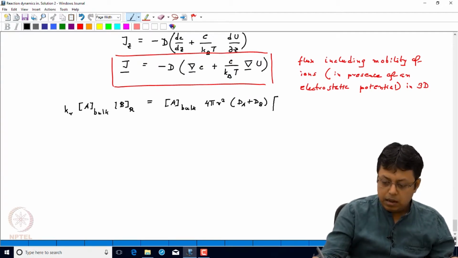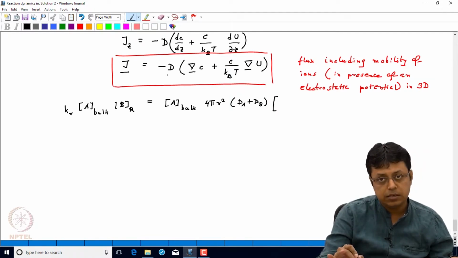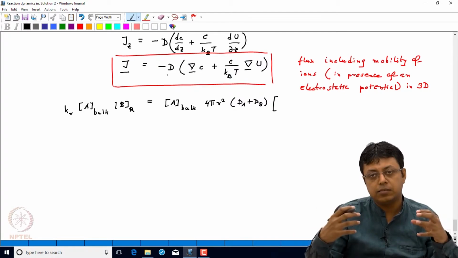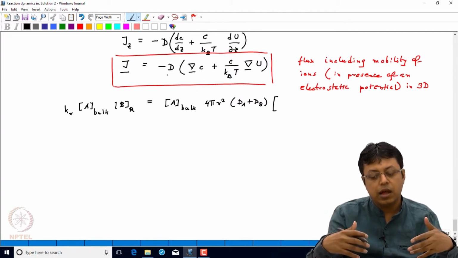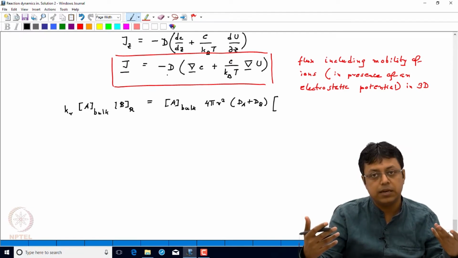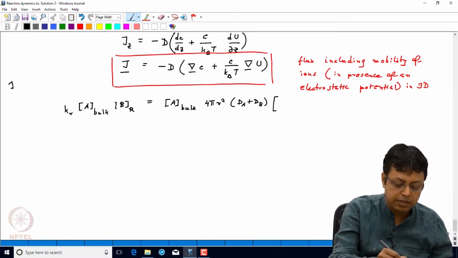Remember this is a generalized D for one species. For two species we know that there will be a net flux because A is moving towards B and B is moving towards A. So all the D's will be replaced by dA plus dB, and the flux JAB we are writing as minus of JA plus JB.